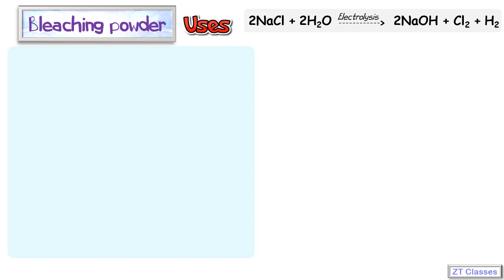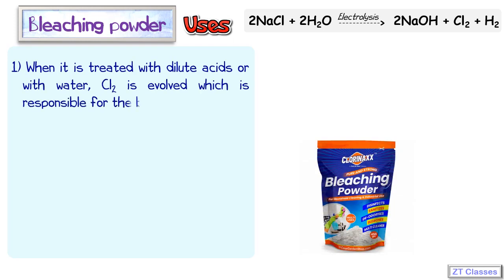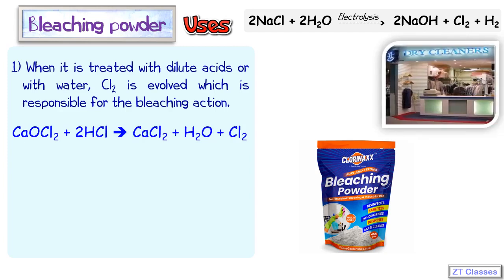The second part which we'll discuss is the uses of bleaching powder. One of the uses is of course as a bleach. Bleach is basically used for cleaning of stains or for clearing of drains.